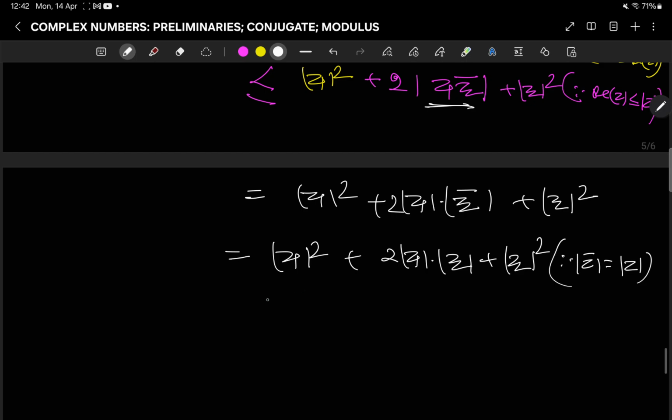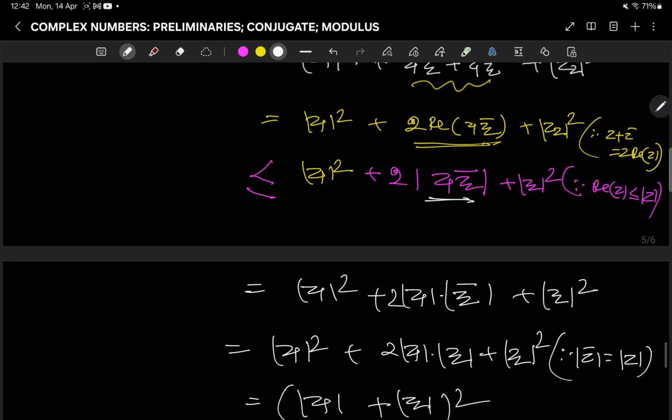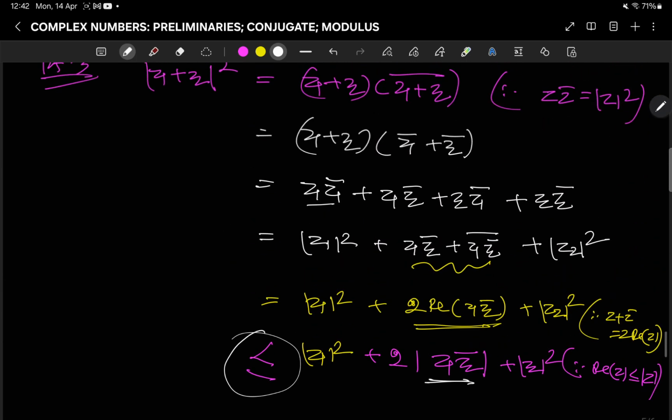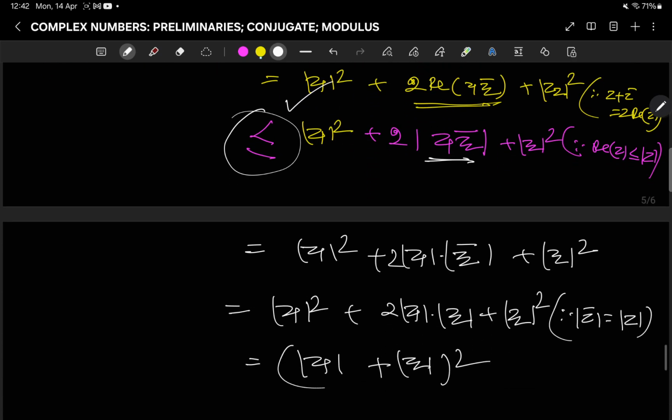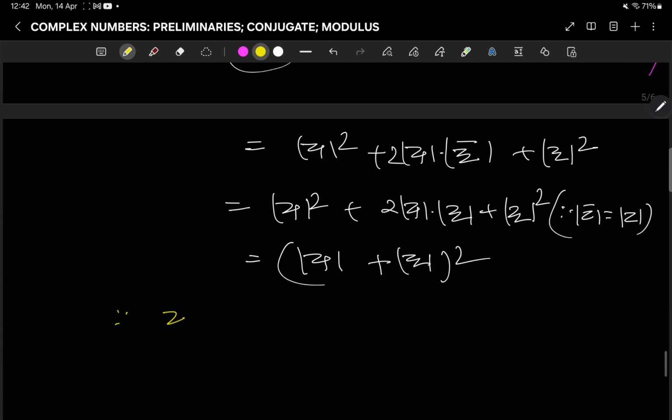So now you see what we are getting: this is mod z1 plus mod z2 whole square, is it not? So if you compare this, we have a less than or equal to sign. Therefore we are getting mod z1 plus z2 whole square is less than or equal to mod z1 plus mod z2 whole square.